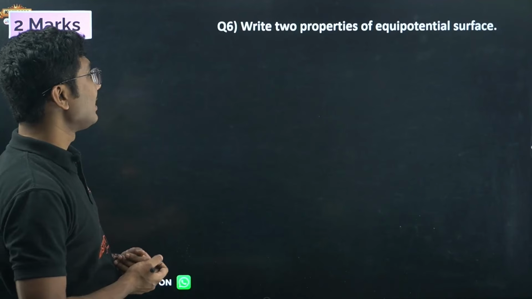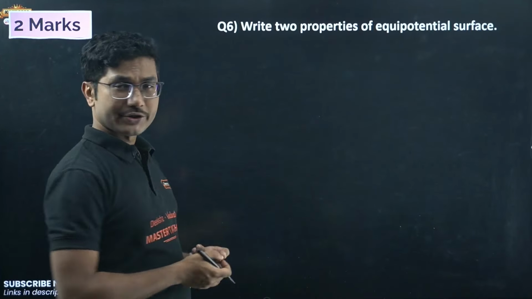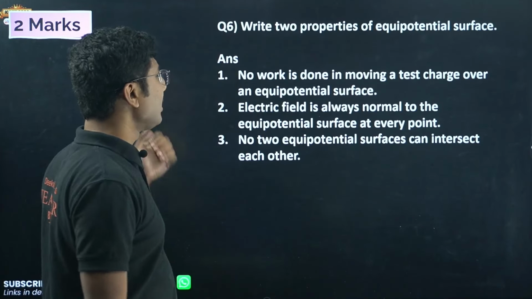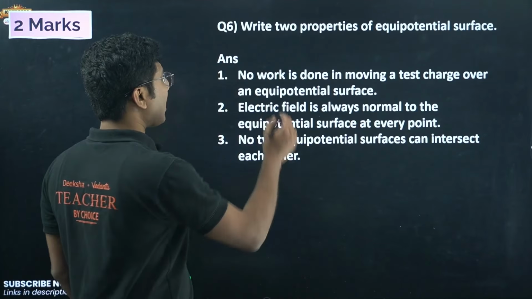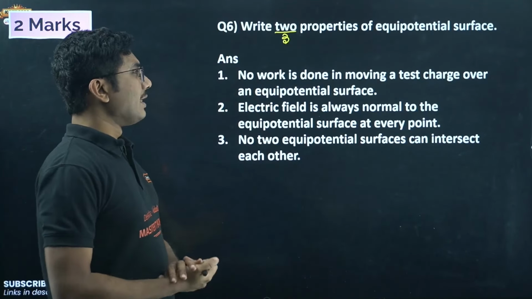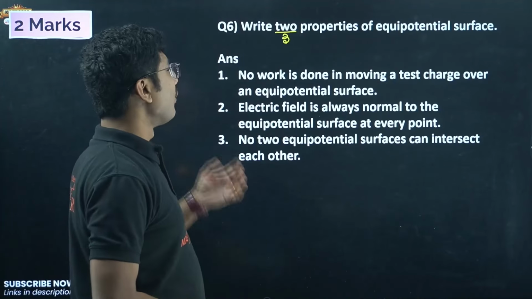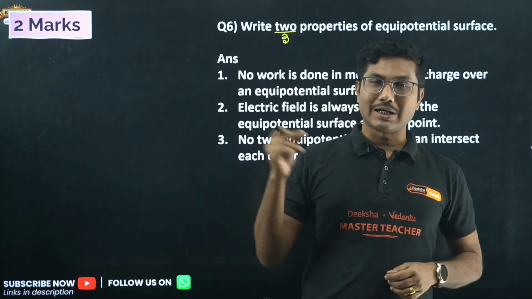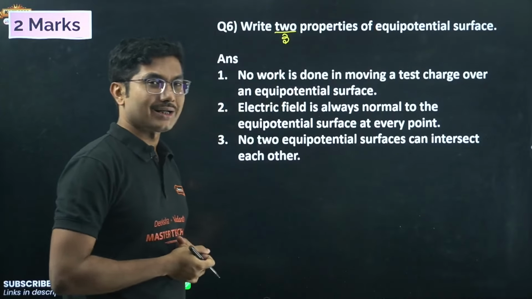Now next, write 2 properties of an equipotential surface. It can be 2 properties, it can be 3 properties. No work is done in moving a test charge over an equipotential surface. So when you move a test charge from one point to another on an equipotential surface, the work done is 0.